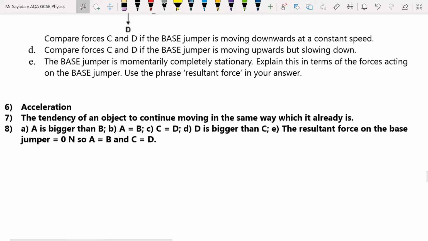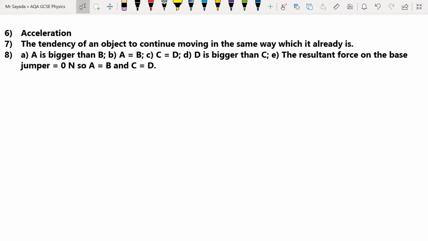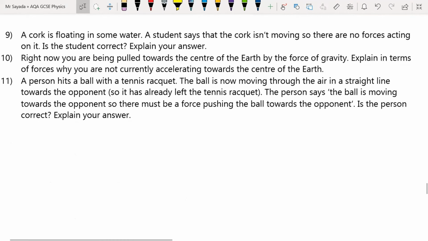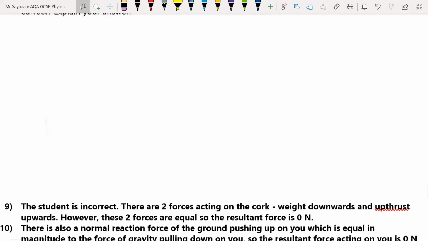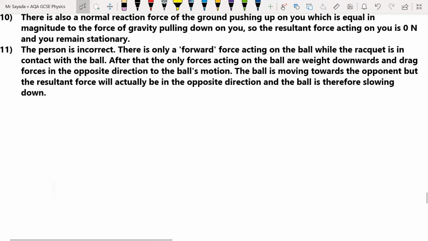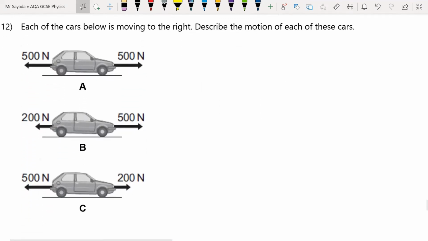Please mark and correct them using these answers. You should have now marked these questions. Please do these questions now. Pause the video while you do that. You should have now done these questions. Please mark your answers and correct them using these solutions. Pause the video while you do that and press play once you're ready. You should have now done those questions and marked them.